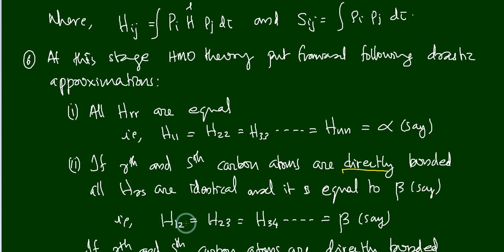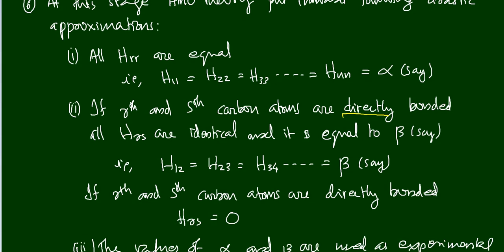So corresponding to these directly bonded carbon atoms, if we are taking the H functions, that is H12, H23, H34, etc., all these functions will be equal, and that will be equal to beta, let's say. Okay, that is the second drastic approximation.